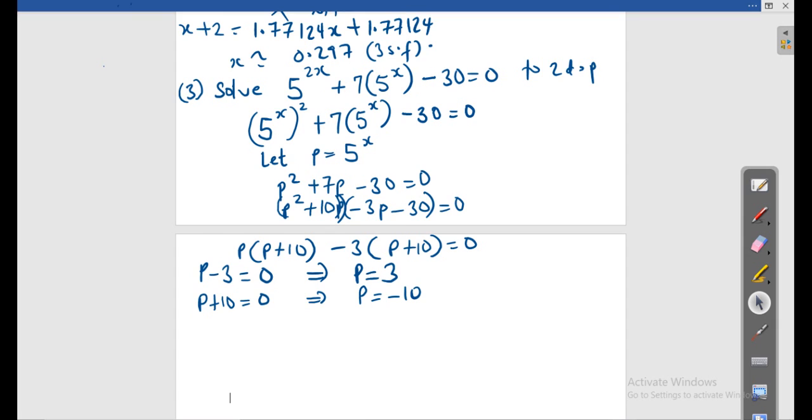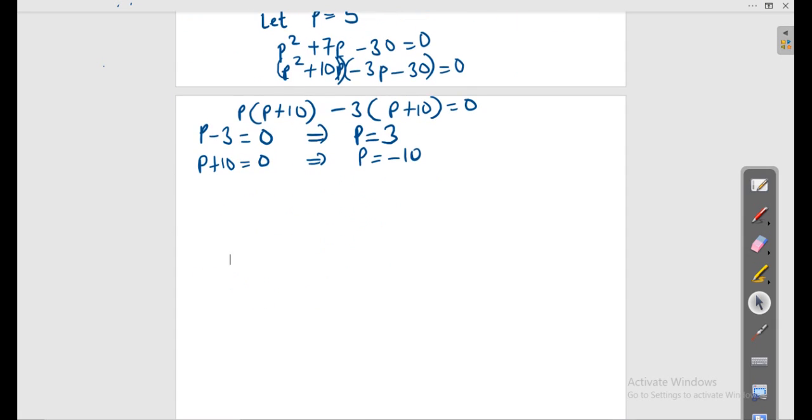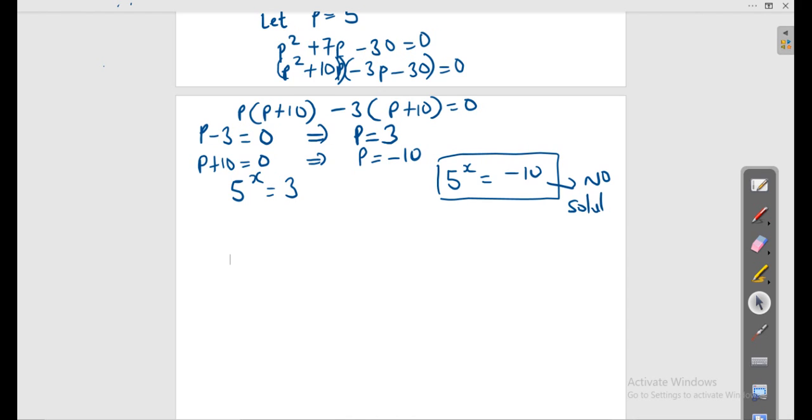And since our p is 5 raised to the power x, it means we can have 5 to the power of x equals 3, and 5 to the power of x equals negative 10. So for this, because it's equal to a negative, there will be no solution. And this will just give us what? Log 5 raised to the power x equals log 3.